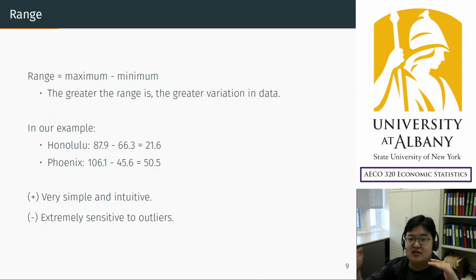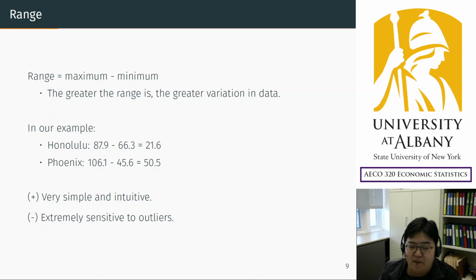But in Phoenix, the hottest month and the coldest month differ by more than 50 degrees. So by comparing 21 and 50, you can easily tell Phoenix is much more variable, right? It's pretty simple to calculate and intuitive to understand.